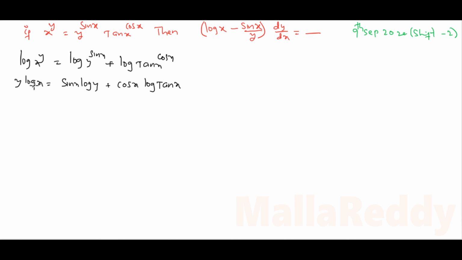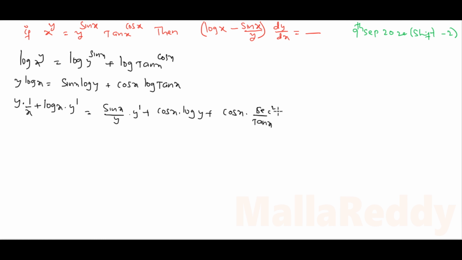It is y into log x, using the UV formula: y into the derivative of log x, 1 by x, plus log x into the derivative of y, y', that is equal to sin x into log y, differentiation 1 by y into y', plus the derivative of sin x, cos x, into log y, plus cos x into log tan x, differentiation 1 by tan x into the derivative of tan x, sec² x, plus log tan x into the derivative of cos x, minus sin x.